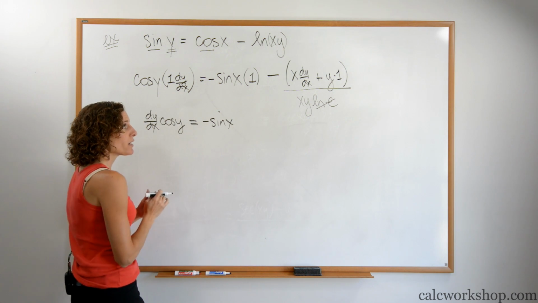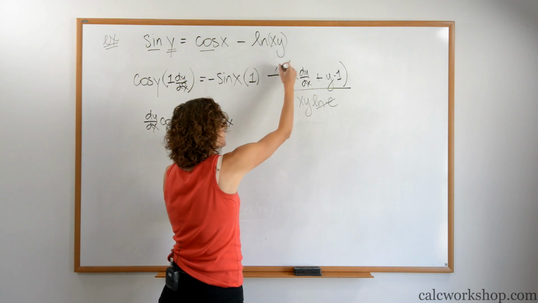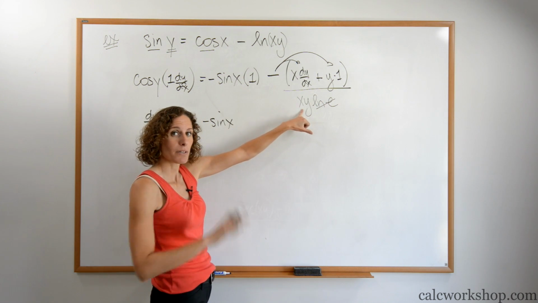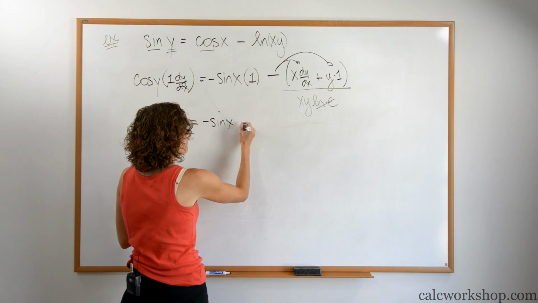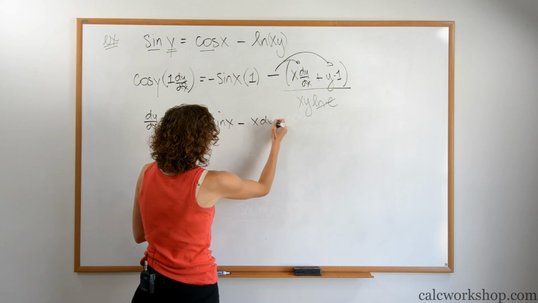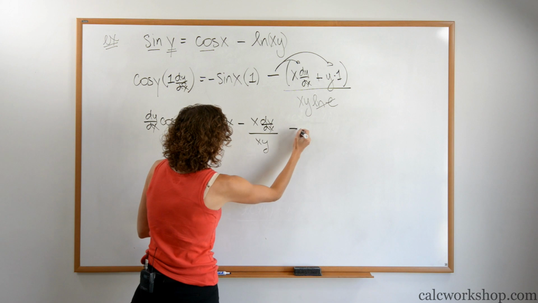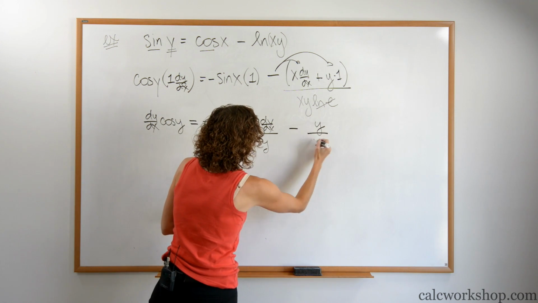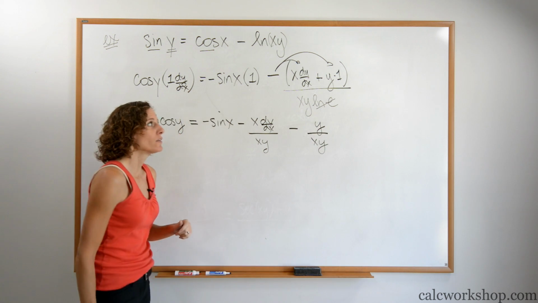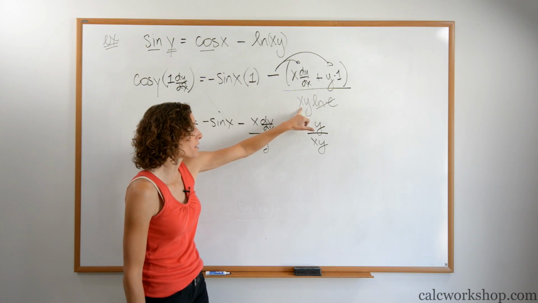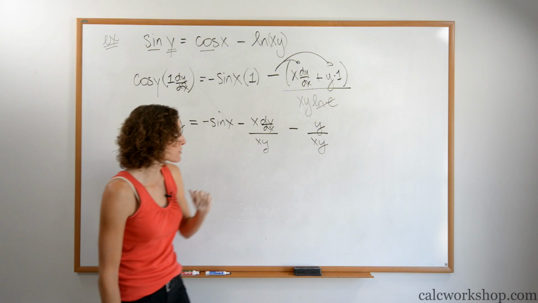And then on this one, I'm going to basically distribute the negative, and I'm also going to keep the bottom separate as well. So we have negative x dy/dx over xy minus y over xy. So again, I distribute the negative into the numerator, and our bottom goes to both.